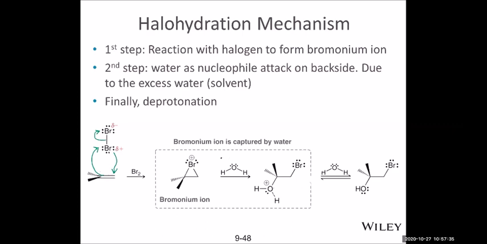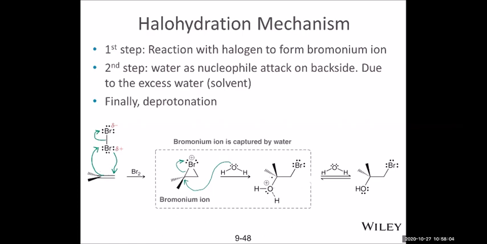But here, since water is the more abundant nucleophile and more available, instead it will attack, just like a substitution. The nucleophile attacks and breaks the bond so the ring is opened. Then, with the ring open and water as the nucleophile, you get a protonated alcohol.